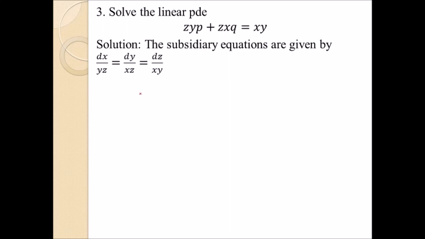Now here, in this example, we consider the first and third ratios, dz by y. The y term will get cancelled here.